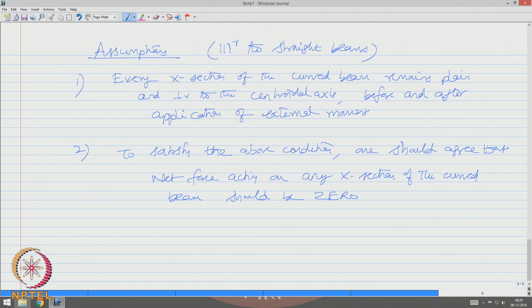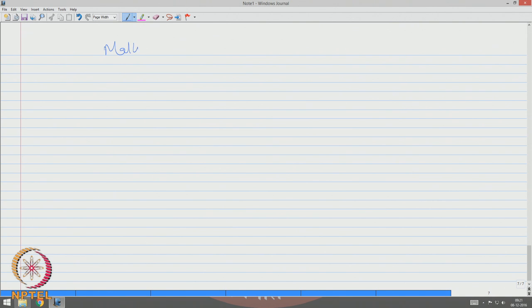Then only the above condition can be meaningful. If this condition is violated, then it may result in warping. So, mathematically, the integral of sigma dA, the force, should be set to 0.